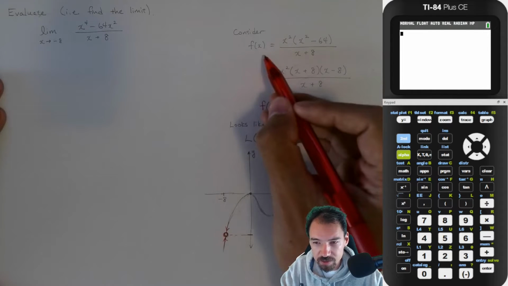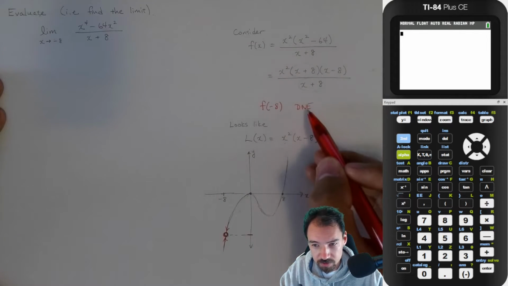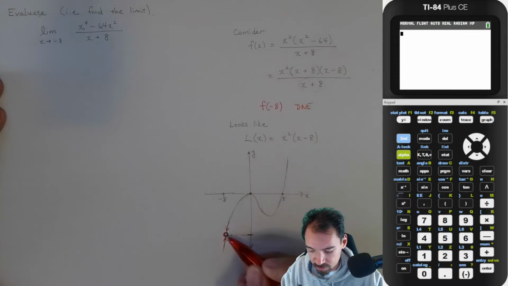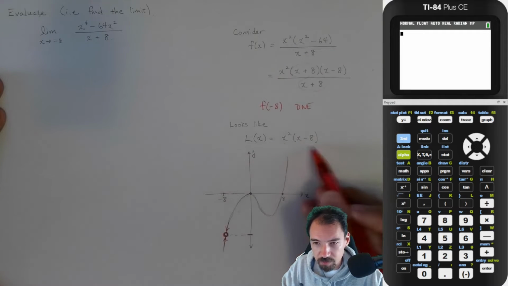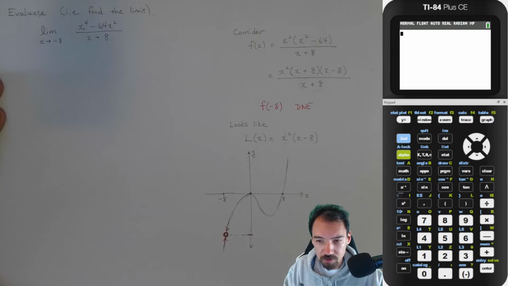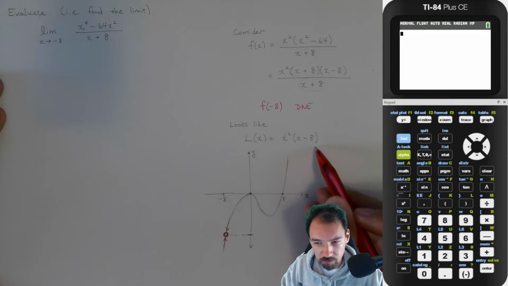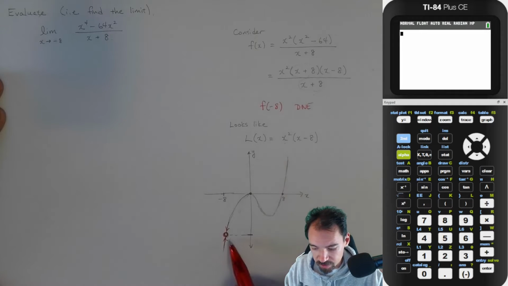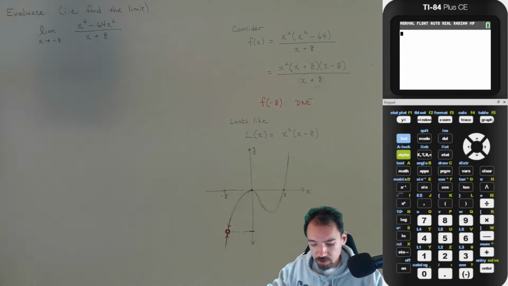So the f of x contains the fact that when you try to make x exactly -8, you get 0 over 0. Hence, f of -8 does not exist, and there's a hole. But the remaining behavior of this curve is governed by this lookalike function. So all we have to do is say, well, what is the lookalike function doing when x is -8? And we'll have an answer. Okay, that's sort of the idea. Now let's go through it algebraically.